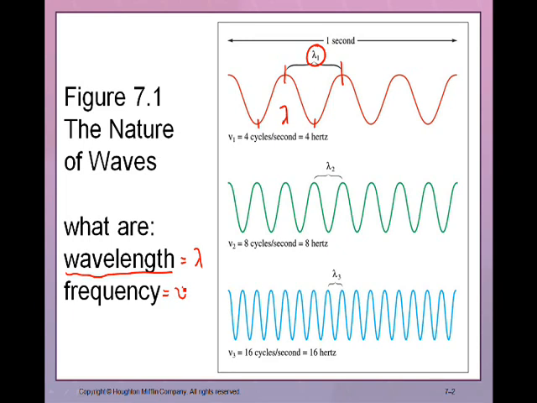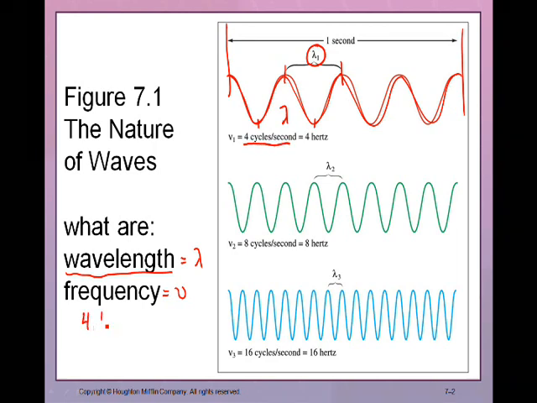Now, frequency is how often the wave goes down and up and down and up. That was 4 wavelengths it shows here. The frequency is how many times it does that in a second. So the frequency here is 4 cycles per second. We would call that 4 1/seconds.